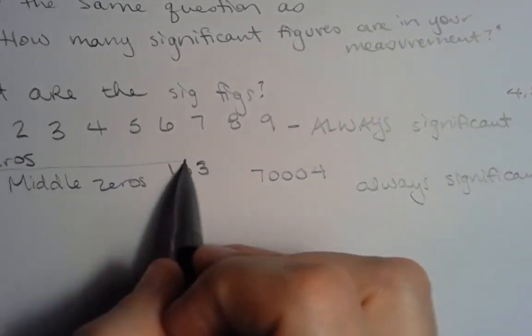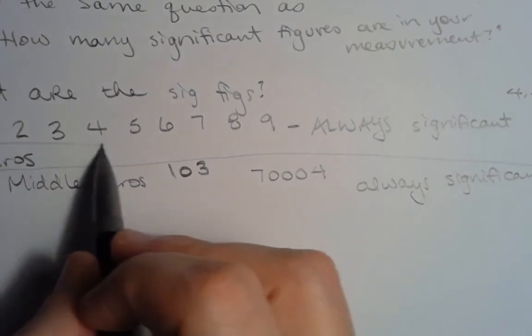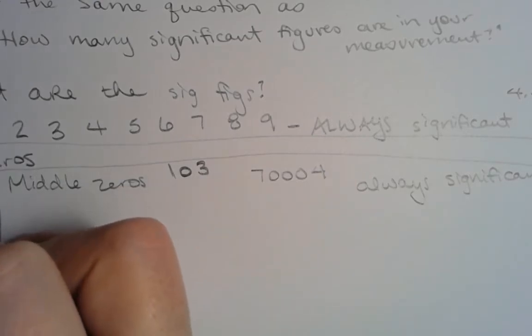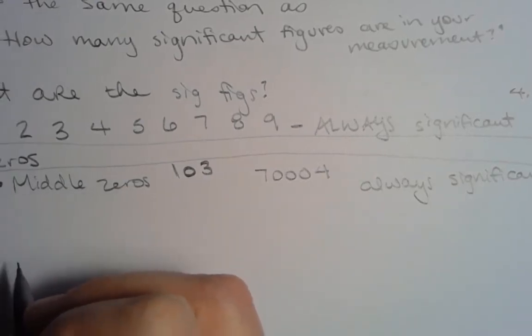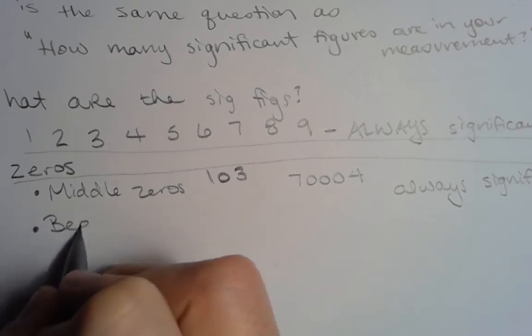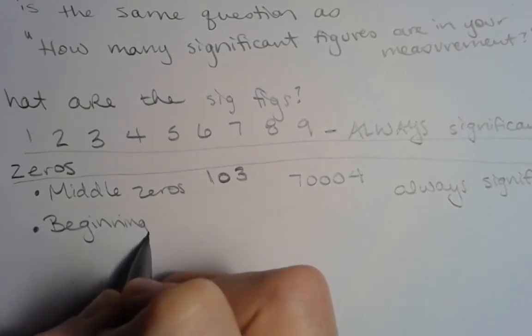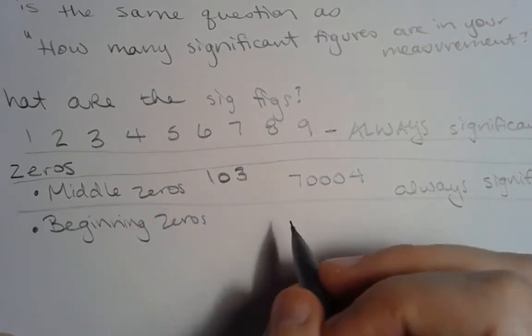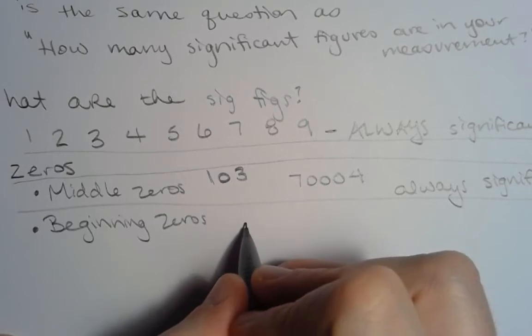I'm gonna keep this a little organized. Okay, so 1, 2, 3, 4, 5, 6, 7, 8, 9 are always significant. There are 3 types of zeros. Middle zeros are always significant. Beginning zeros are zeros at the beginning of the number.